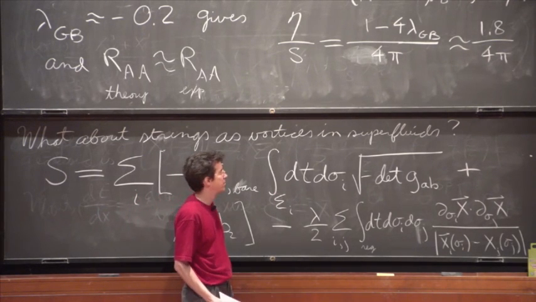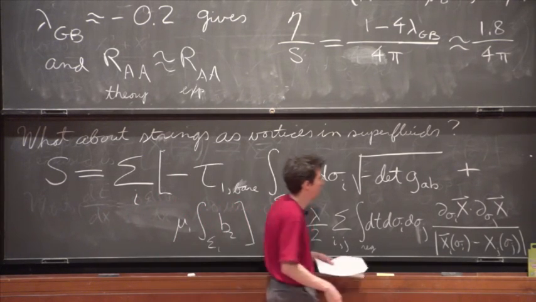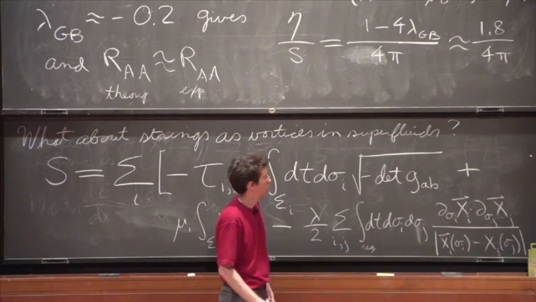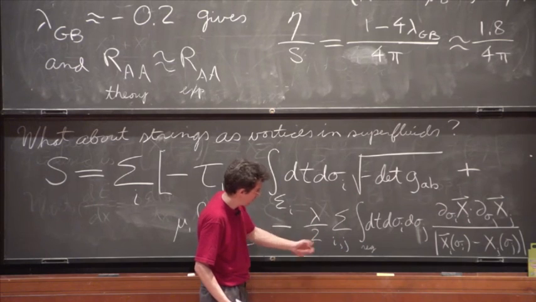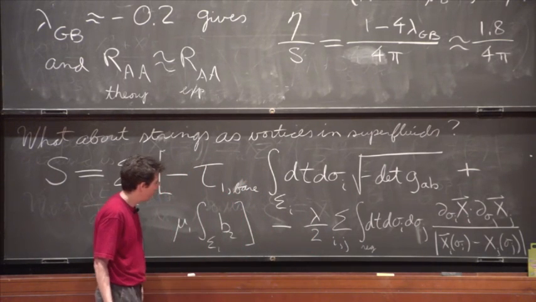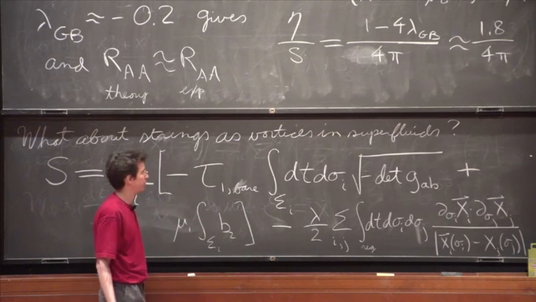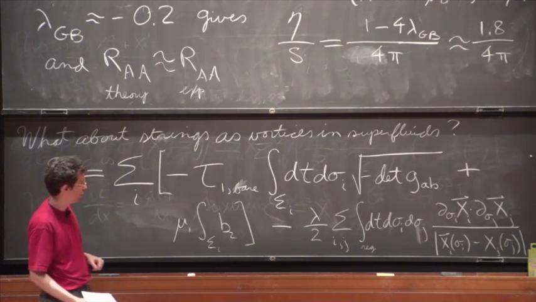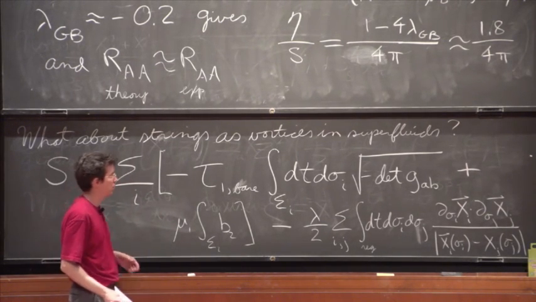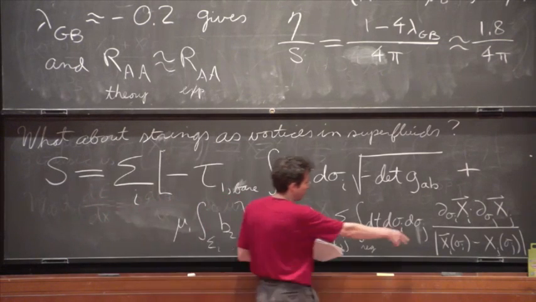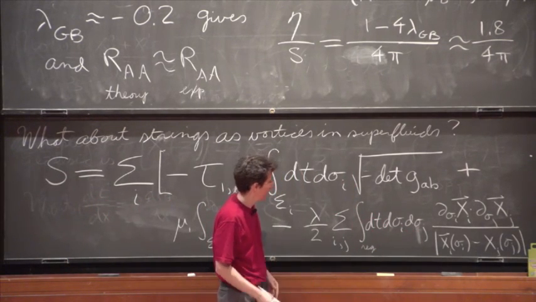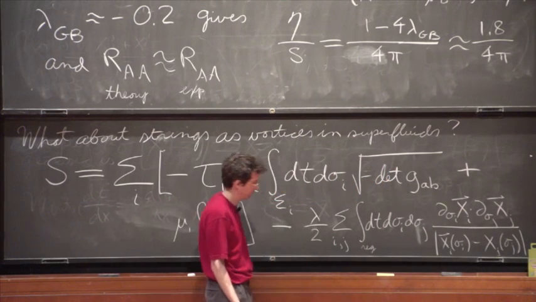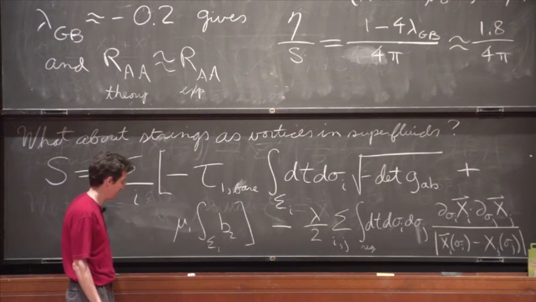But the point is, when you have two vortices nearby one another, they each couple to B2, and by exchange of B2 quanta, they produce this Coulombic attraction or repulsion. It's an attraction or repulsion because there's this dot product in the numerator, which can be either positive or negative.